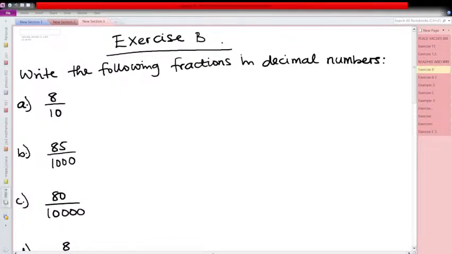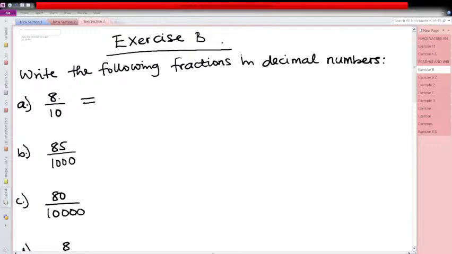So let's take some exercises under this. We are to write the following fractions in decimal numbers. So I'm going to be doing this. You just pay attention and see how I'm going to solve this. This is given as a proper fraction in terms of part of a whole. Converting it to decimal fractions, since this is divided by 10, I'm going to move the decimal point one time to the left and cancel out the 0.